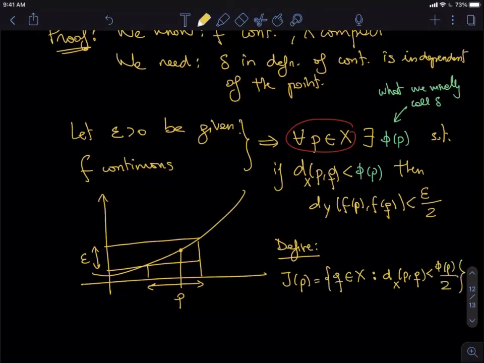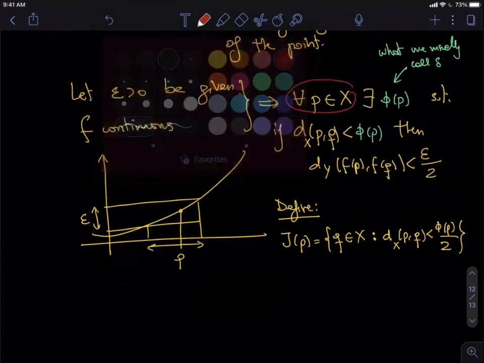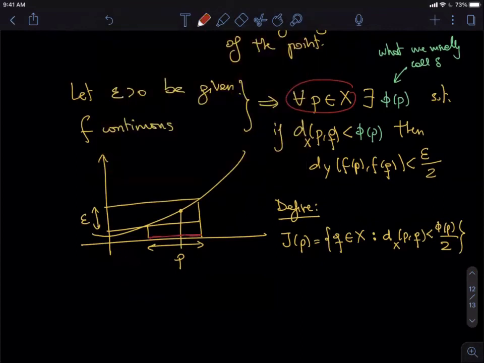So these are just small neighborhoods around each point P. The neighborhood where we are guaranteed that the definition of continuity works.